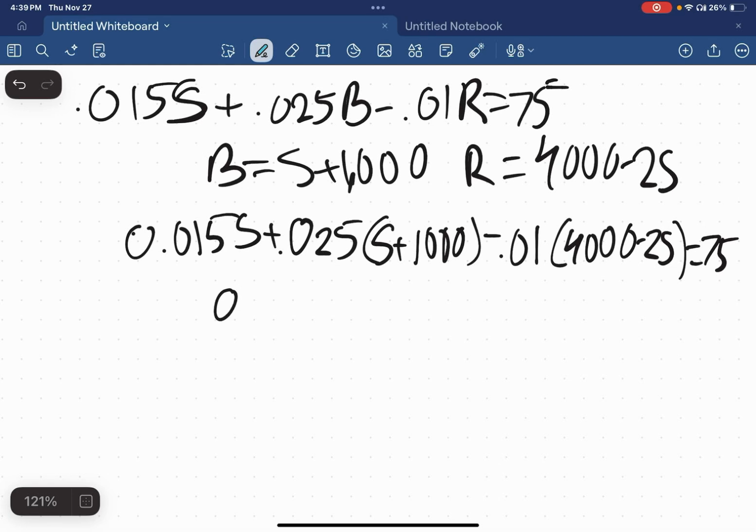Okay, but after simplifying all of this, we end up getting this equation.